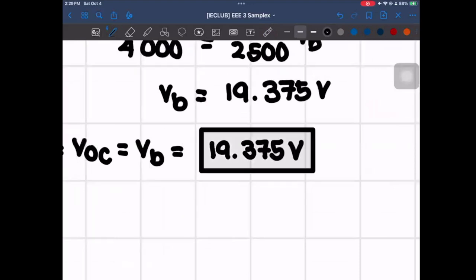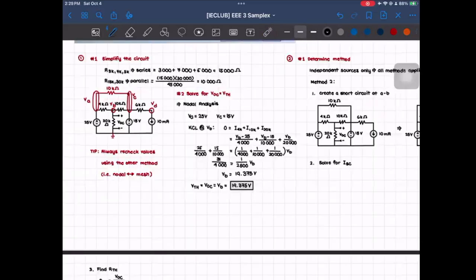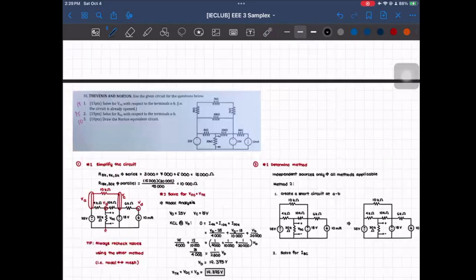And now, we move on to the second question, which is to solve for RTH with respect to the terminals A, B. And so for this, we actually have to look into the 3 methods that were discussed to us and first determine the method that is applicable for this.